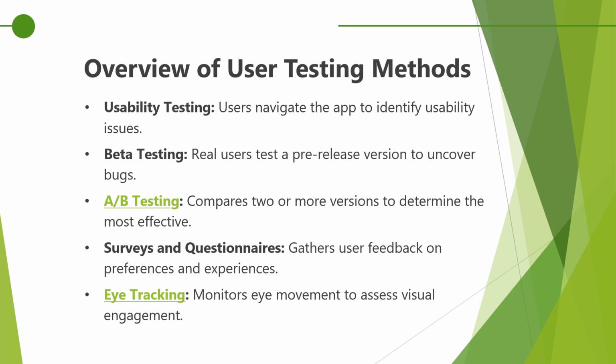Then there's surveys and questionnaires where users provide feedback through structured questions, allowing developers to gather quantitative and qualitative data on preferences, satisfaction, and overall user experience. And then there's eye tracking, and this is where users' eye movements are tracked to understand visual attention and engagement within the app. And this provides insight into the design effectiveness and content prioritization.